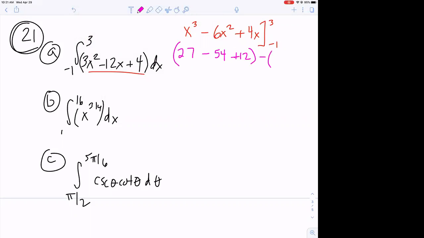And then we're going to subtract off what we get when we plug in -1, which is -1 minus 6 minus 4. So we are going to subtract off a -11, so that'll be plus 11. And over here, 27 minus 54, I think is -27. Plus 12 is -15. -4.